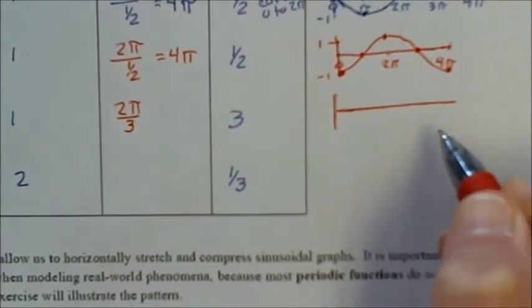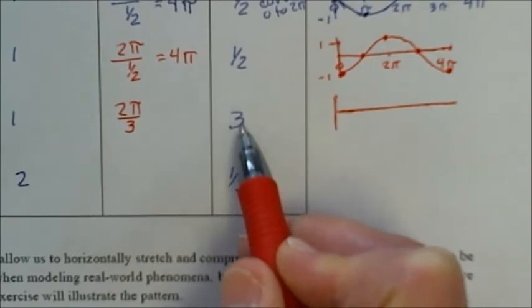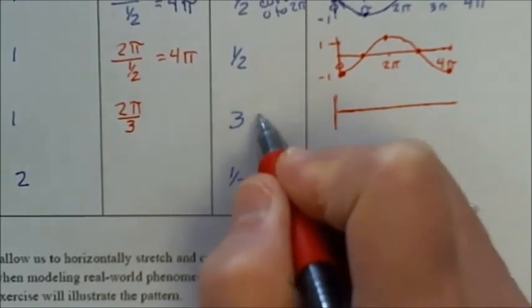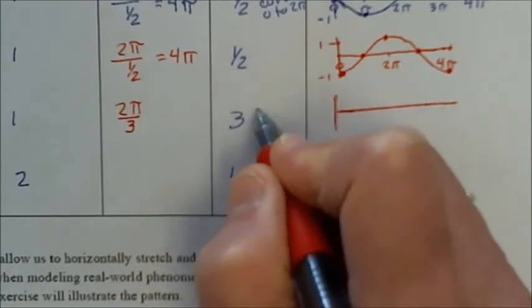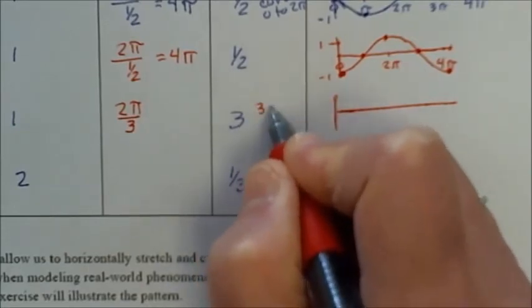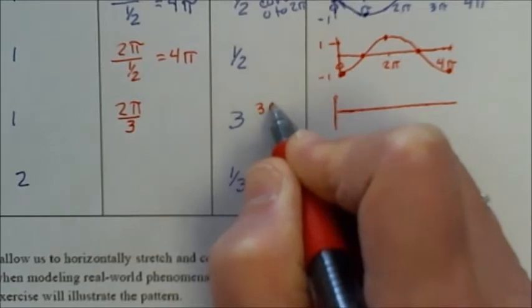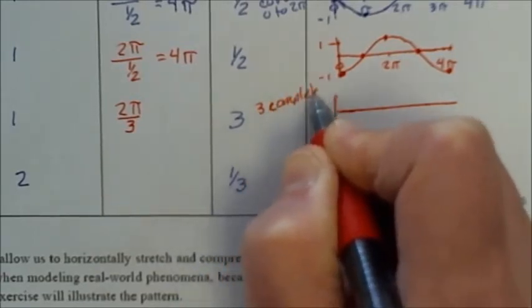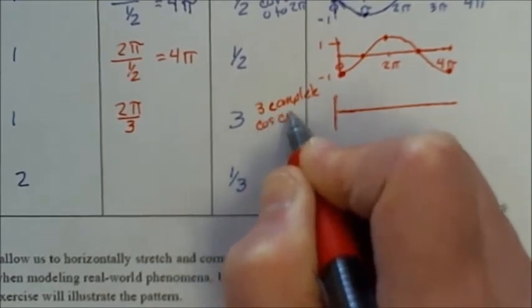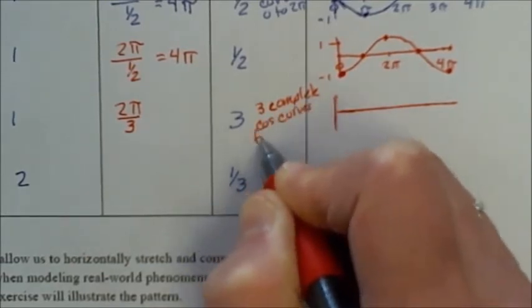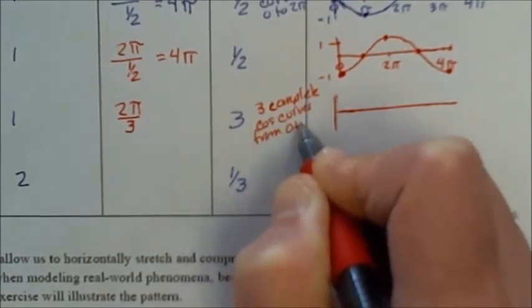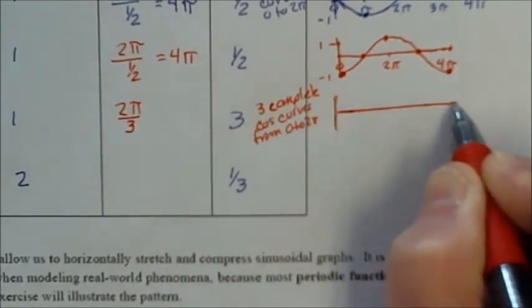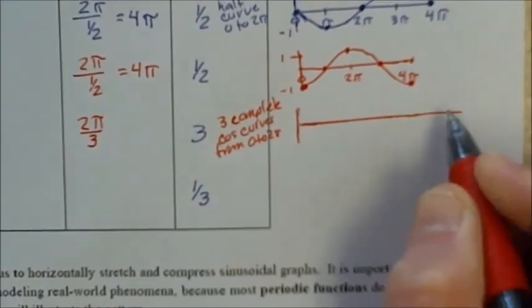If I'm using the frequency, it's telling me that from 0 to 2 pi, I would have 3 complete cosine curves. From 0 to 2 pi. So I actually am going to go out to 2 pi.